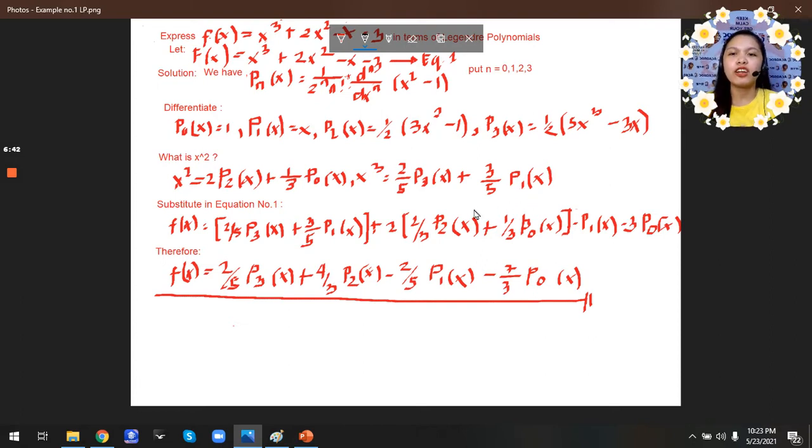For the substitution in equation number 1, this is our equation number 1. Look at this one.